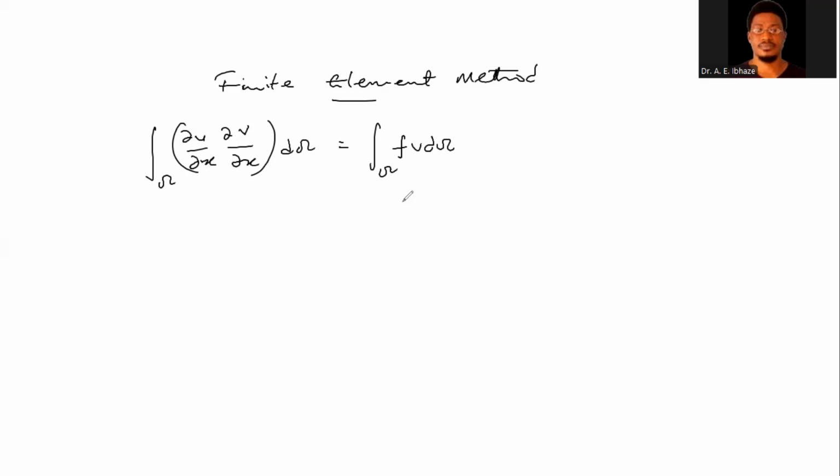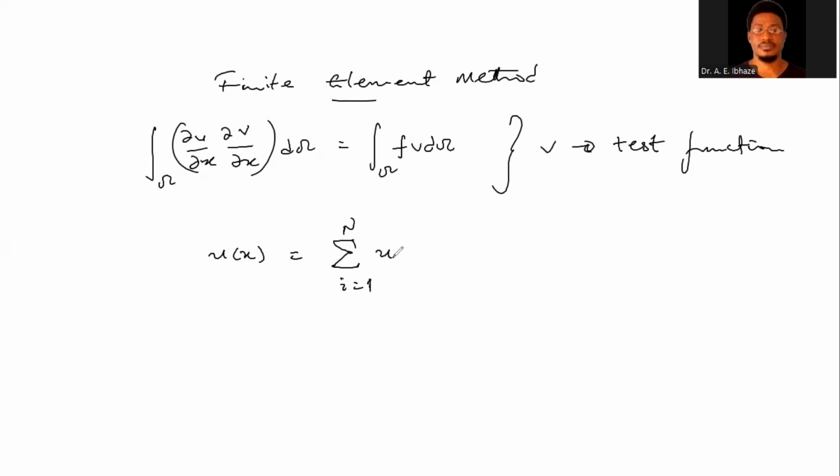So in this case, v is referred to as the test function. And then the domain is discretized into elements such that the solution is approximated as u of x being the same as sigma i taking on values from 1 to n, u sub i phi sub i of x.